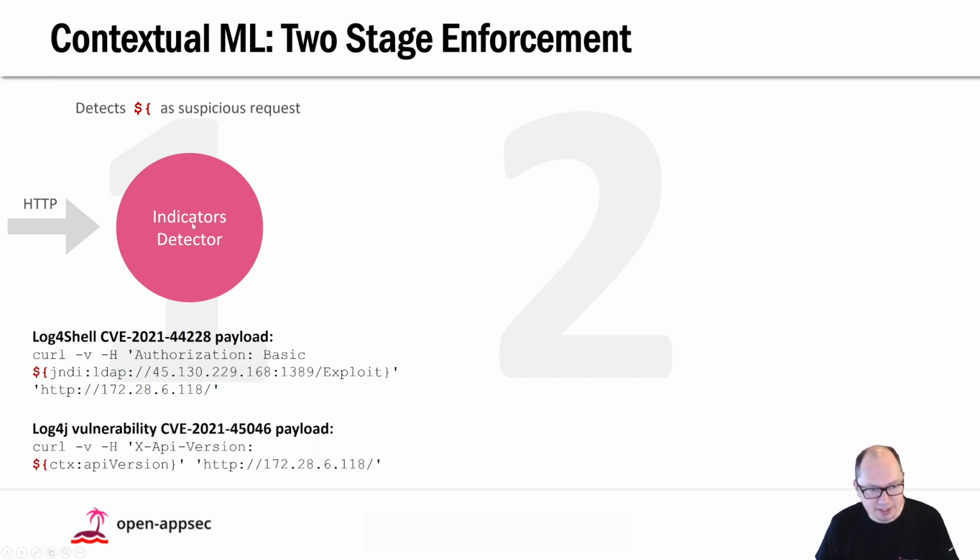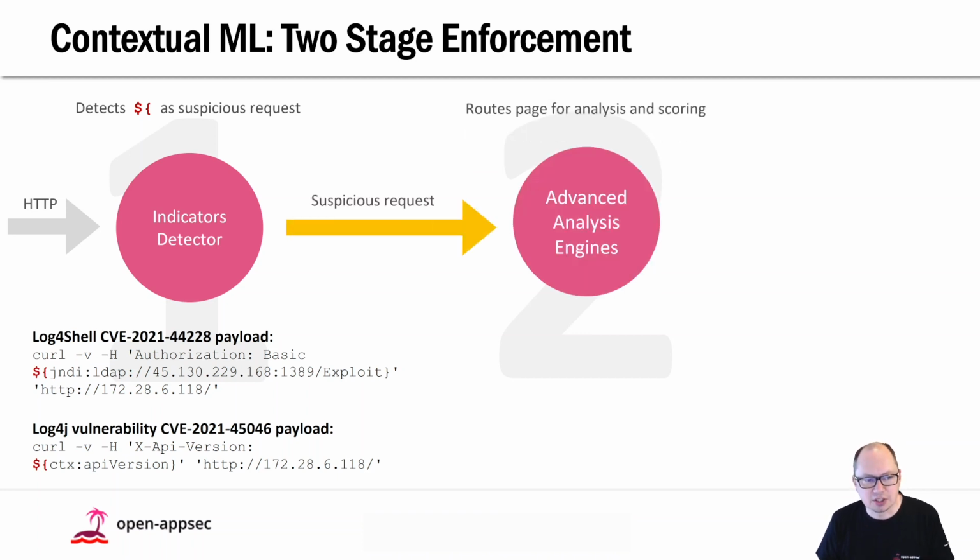It's only 2 characters, you might think, but those 2 characters are already good enough to say that this is somewhat suspicious, and this is not normal, and it at least justifies further analysis. Based on this dollar curly brace indicator, the request was then forwarded to the advanced analysis engines.